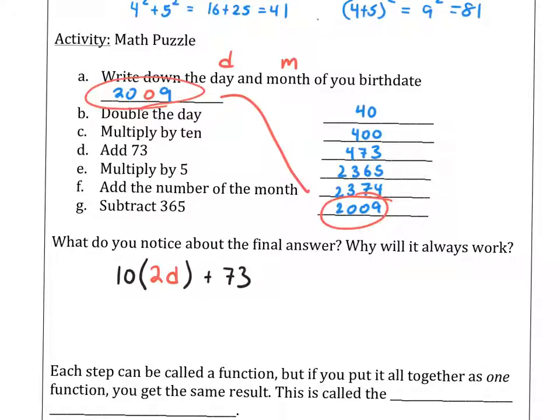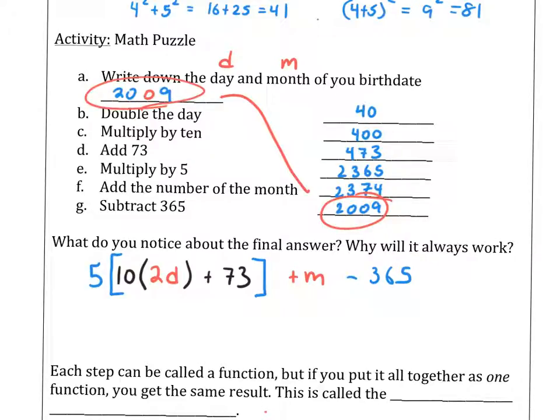Now I am going to multiply by 5, so everything here has to multiply by 5. Then I'm going to add the month in just a minute. So after all this, I have to add my month. And I am going to subtract 365 from this. So this is what the math looks like.